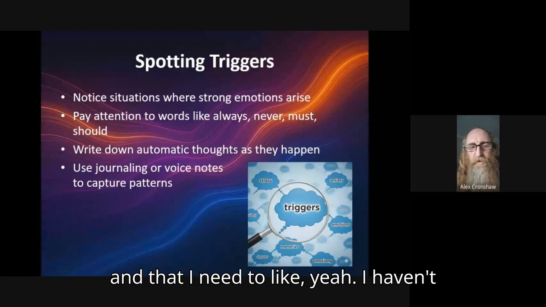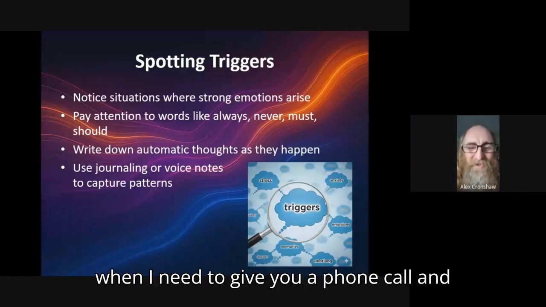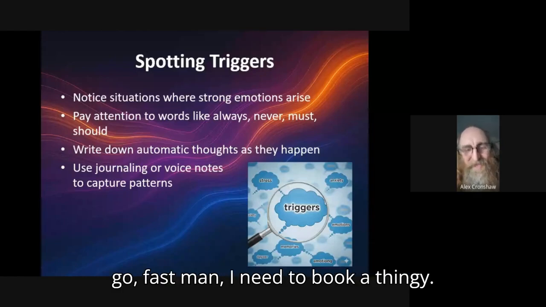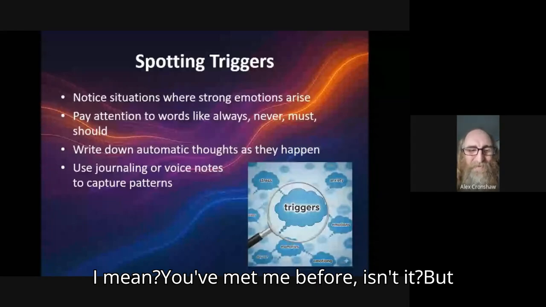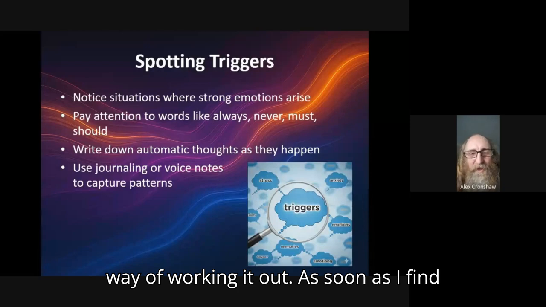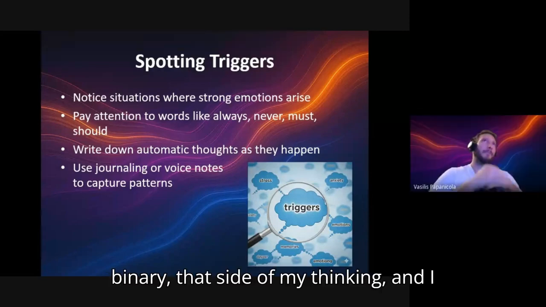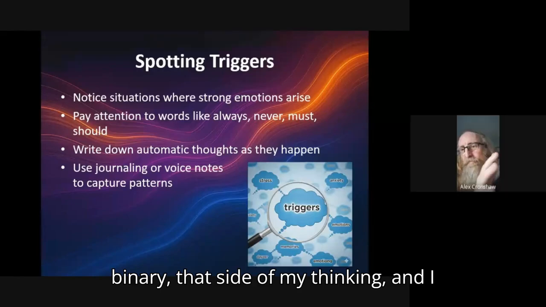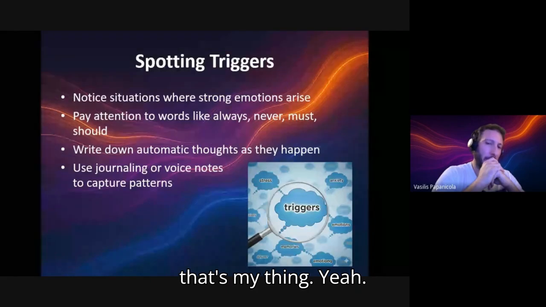That's when I need to give you a phone call and go, I need to book a thingy. You've met me before, innit? But yeah, I'll leave you in peace. That's my way of working it out. As soon as I find the fight, flight, maybe freeze, binary side of my thinking, I think I need to do something about it.